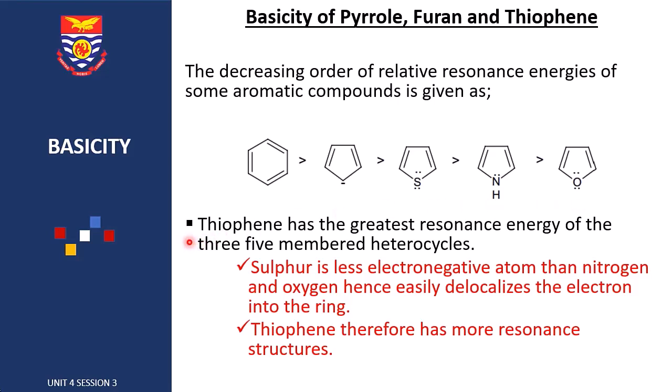Now, when we want to consider just these 3, thiophene, pyrrole, and furan, thiophene has the greatest resonance energy among the 3. The reason is that sulfur is the least electronegative, right? Whilst oxygen is the most electronegative, sulfur happens to be the least electronegative, and therefore its electrons are easily delocalized into the ring to form more resonance structures.